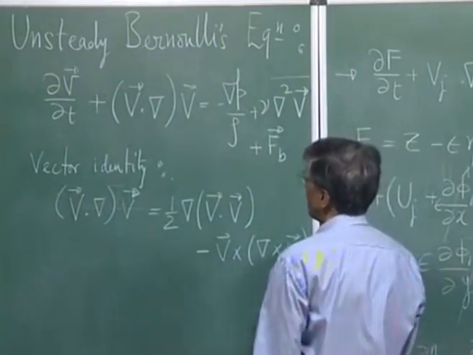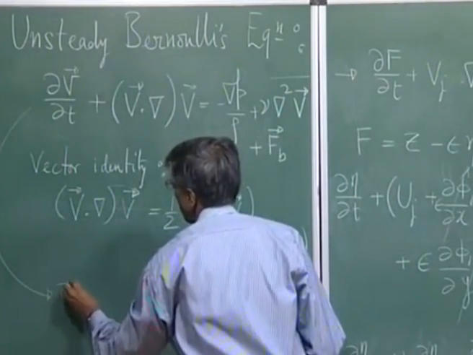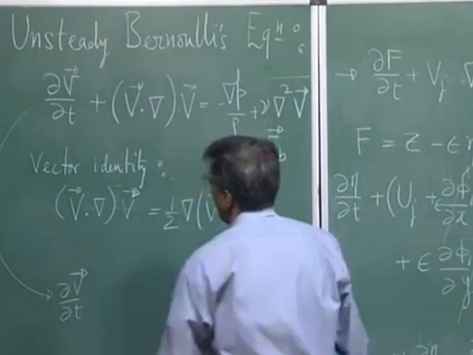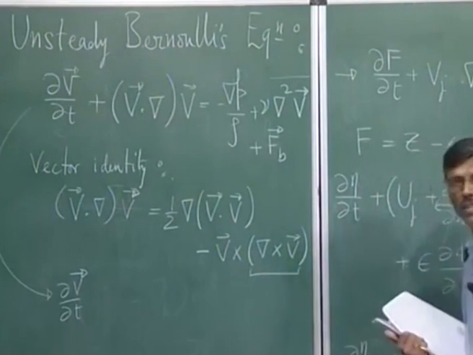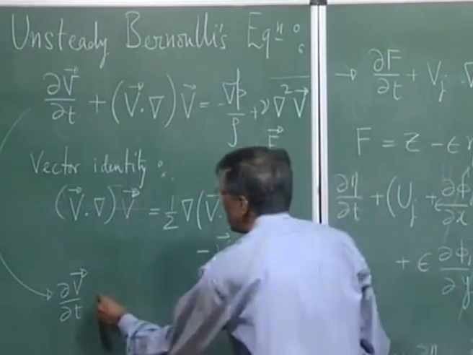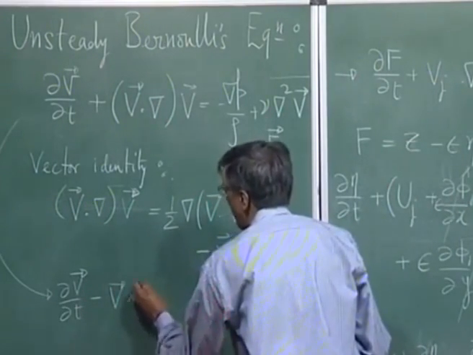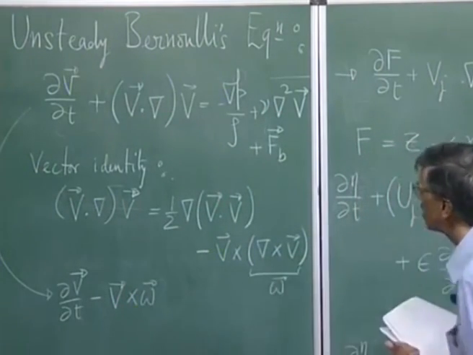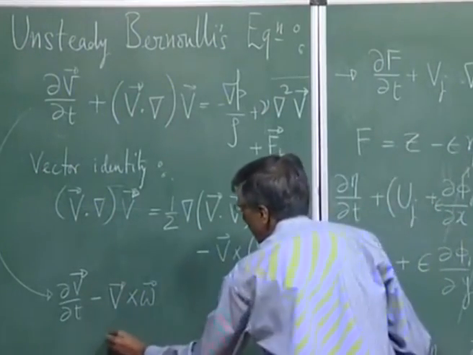If I do that, what I could get is the following. On the left hand side, I will keep the local acceleration term and I will keep this term. What about this? Del cross V is the vorticity, the omega, right. So, we can keep that on this side. So, that is going to be V cross omega, the vorticity vector. And let me transport this term on the right hand side.